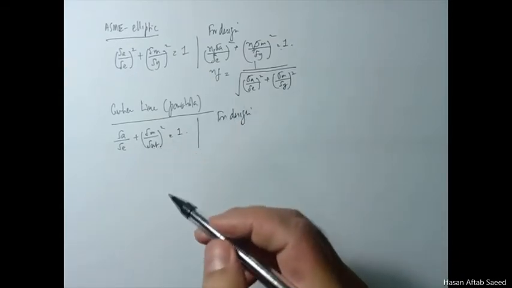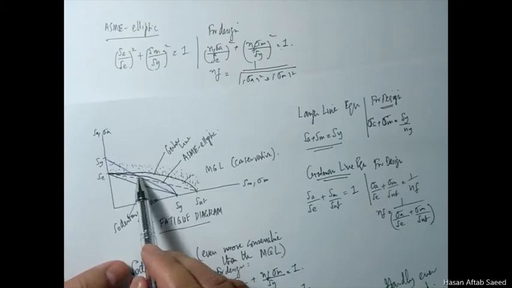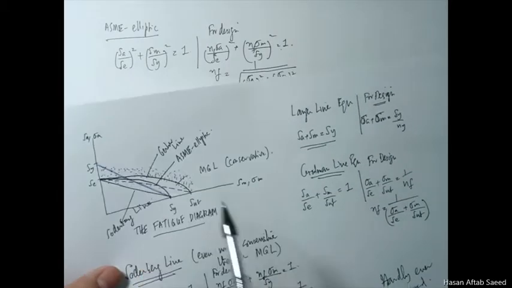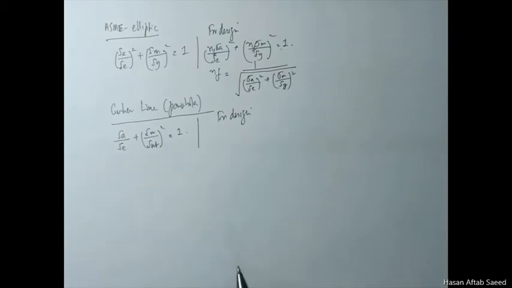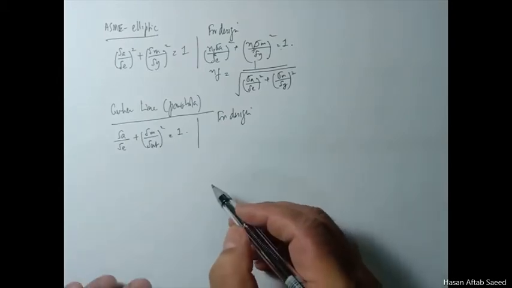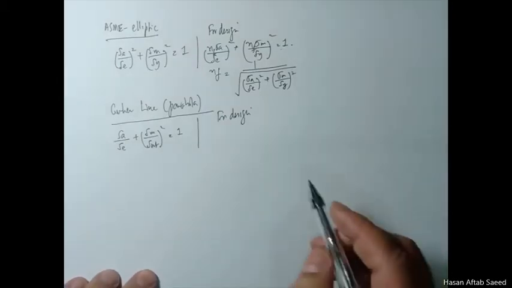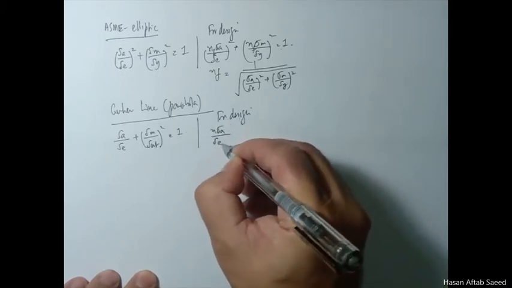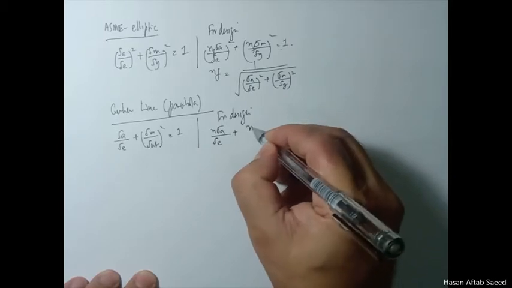This is the equation for all the points on this curve, but for any other points inside with a factor of safety, just replace SA by n sigma A and SM by n sigma M, the same procedure that we have been following.